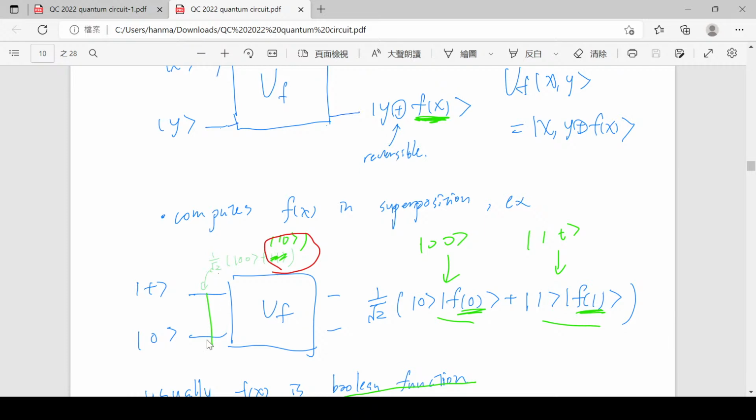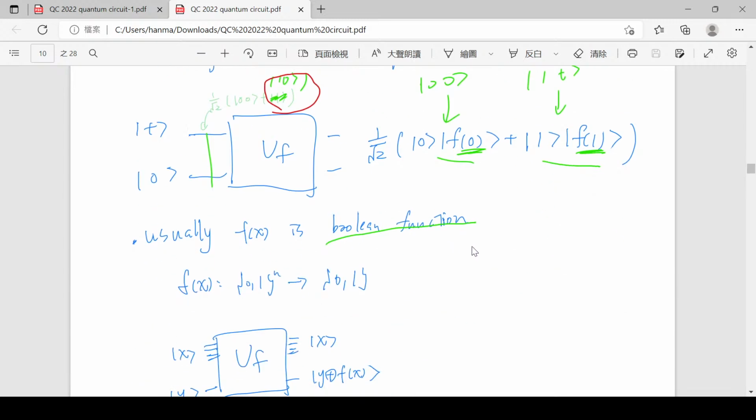So the input to U_f will be |0>|0> + |1>|0>. Then you see how |0>|0> gets changed by U_f. It follows this formula, so it becomes |0>|f(0)>, and |1>|0> becomes |1>|f(1)>. Because everything is linear and works in superposition, the end result is |0> tensor |f(0)> plus |1> tensor |f(1)>.